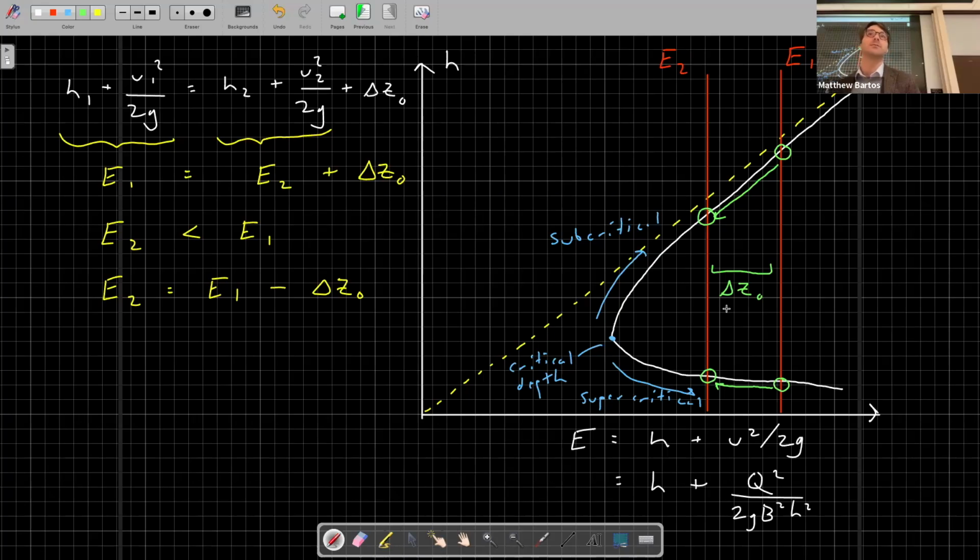It depends on where you start. So it depends on whether the flow entering that transition is subcritical or supercritical. If we start subcritical, the water surface will go down. If we start supercritical, the water surface will go up.